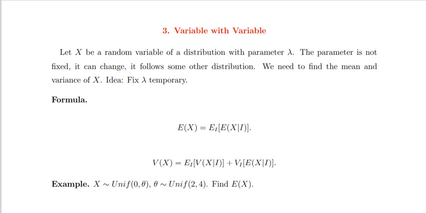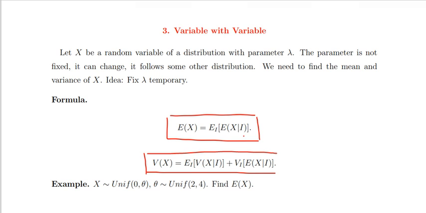For such a case, if we want to find the expectation, we have this, which we can call a double E. We fix the condition first, then let it change, right? So for variance, there's a formula we just need to remember: V of the conditional expectation plus E of the conditional variance, where the condition is fixed.